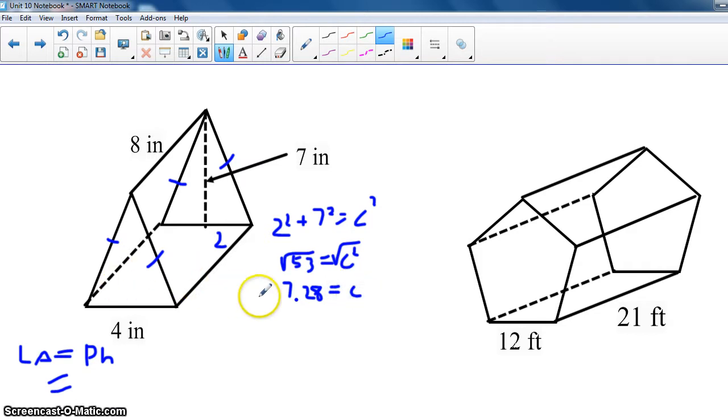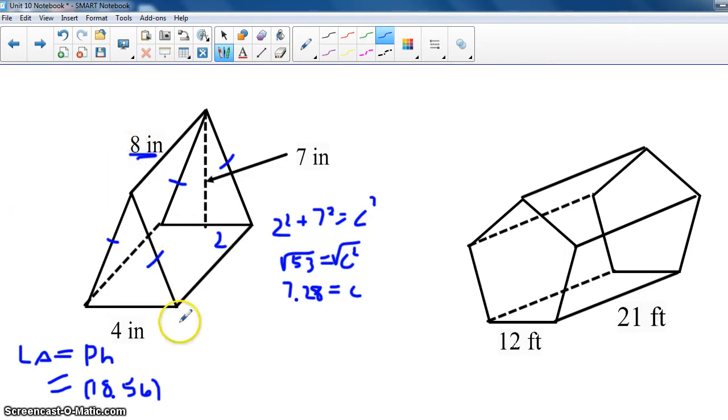Okay, so for our perimeter, we're going to take that 7.28 times 2 because it's isosceles, which is about 14.56, and then we'll add the 4 to it. So our perimeter is going to be about 18.56. Now I need the height of my prism, which is not 7. 7 is the height of the triangle. I need the height of the prism, which is this 8 inches right here.